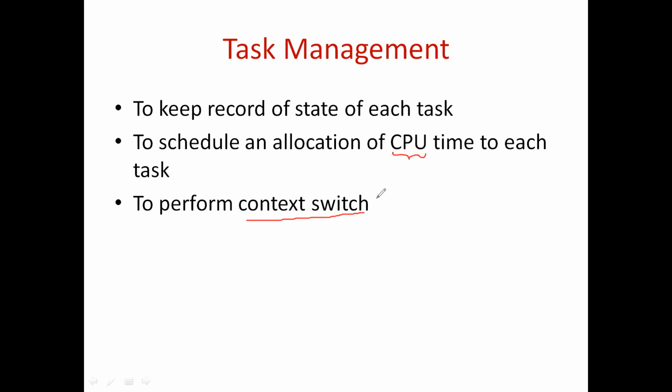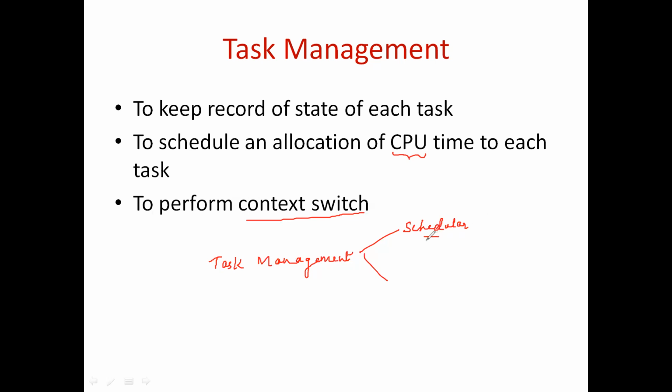In most real-time operating systems, the task management function is split into two parts. It will have a scheduler, which determines which task is to run next, so that particular task will be allocated the CPU.